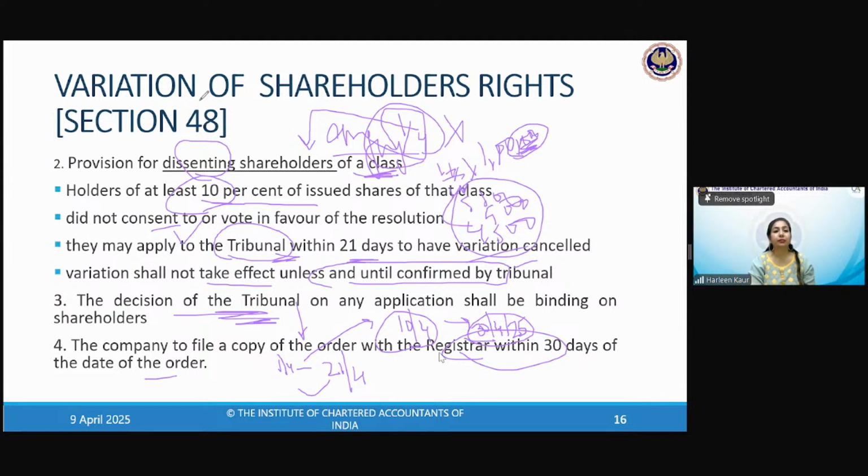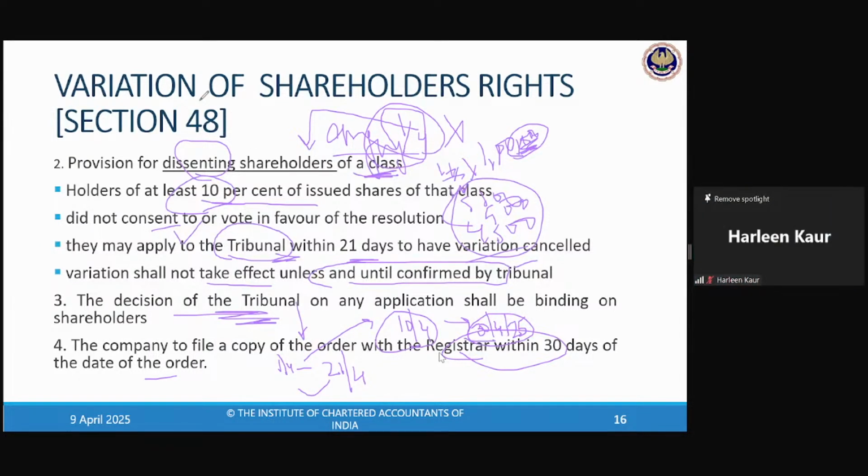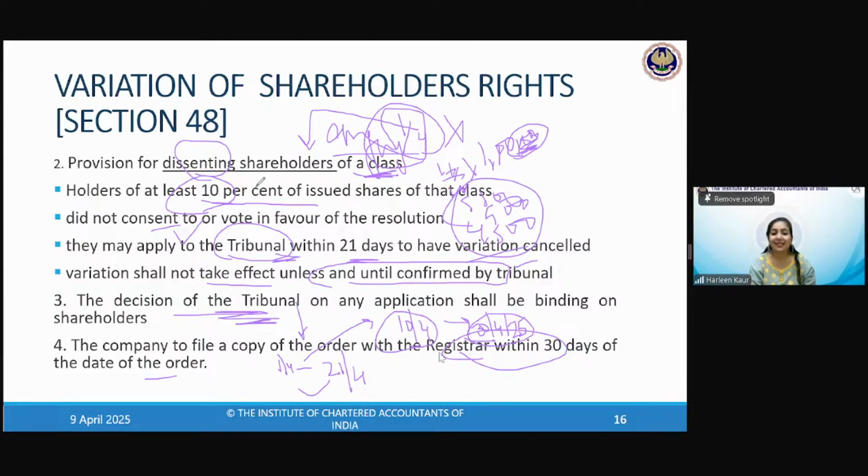Excellent. By 30th May. Thirtieth May is the correct answer. Absolutely correct. Priyanka Pandey, why have you written 20th May? 30th May is the correct answer.